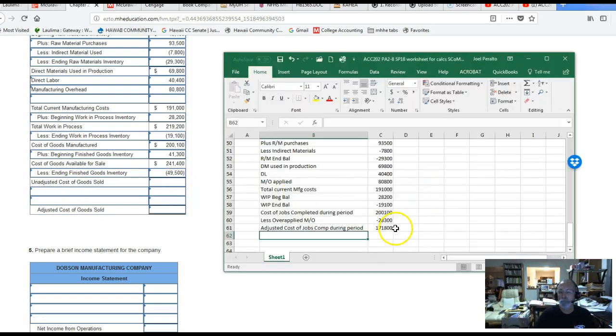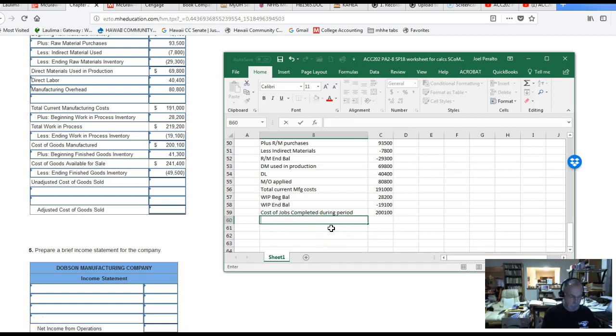So I'm going to take this out and show our beginning finished goods, beginning balance, and finished goods, ending balance. Beginning balance is always a positive, 41.3.